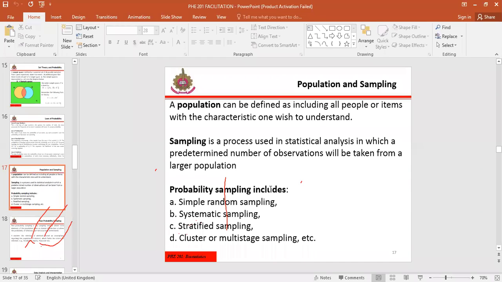Take for instance, you are sitting in columns now. In your class, you have four columns. You have rows and columns. The long one can be referred to as the column, and the short one can be referred to as the row. So for the first column, I may say, let me divide it into three.